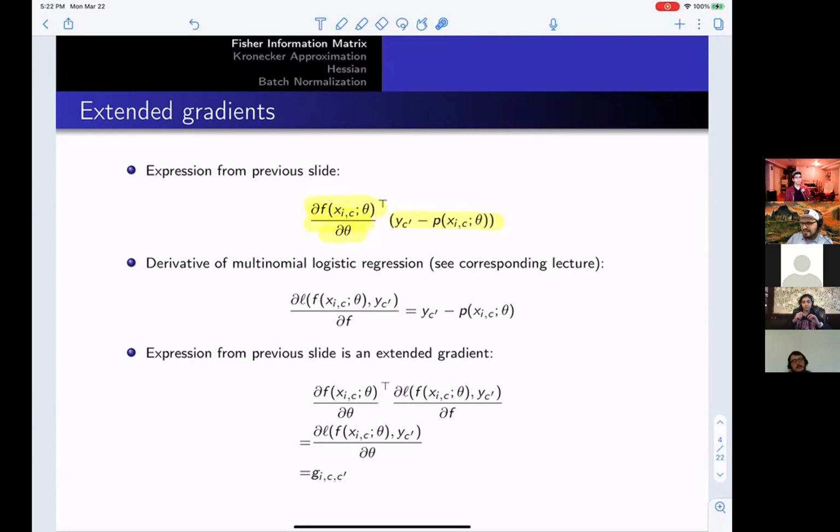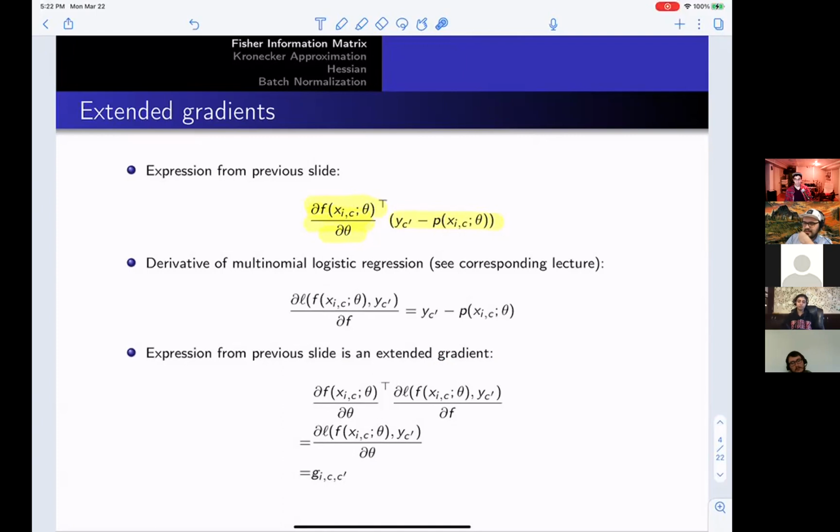So anyway, the only thing that's strange here is notice that there is a Y_{c'} here, right? Y_{c'} is a one-hot vector which has 1 in the c' location. And that's a bit strange because we're talking here about an example from the c-th class, right? So it's like you're labeling your data incorrectly for some reason.